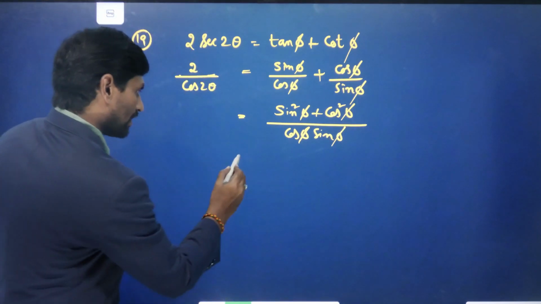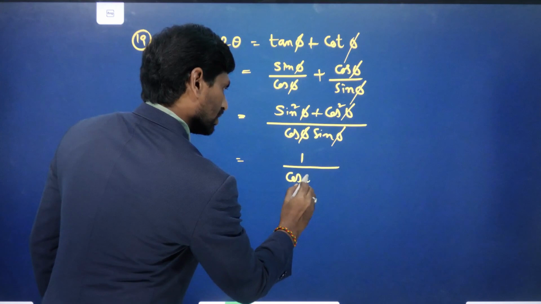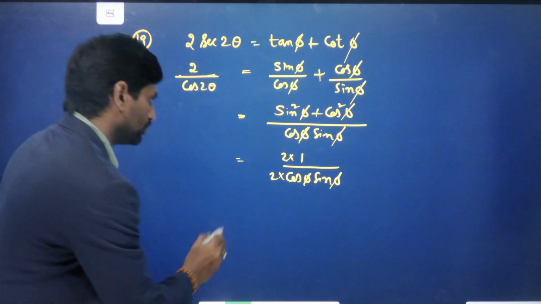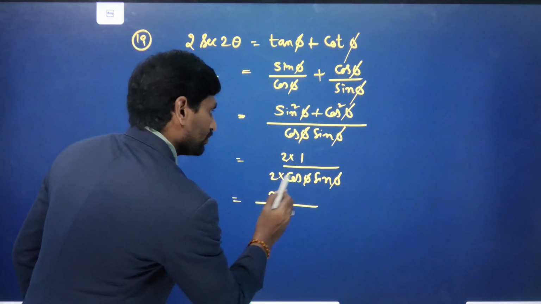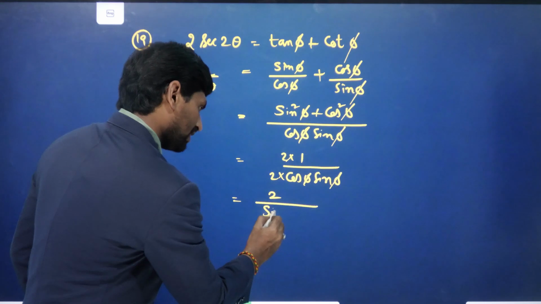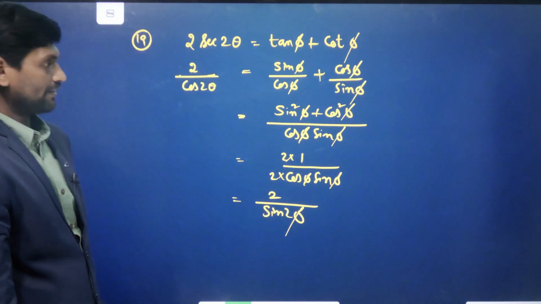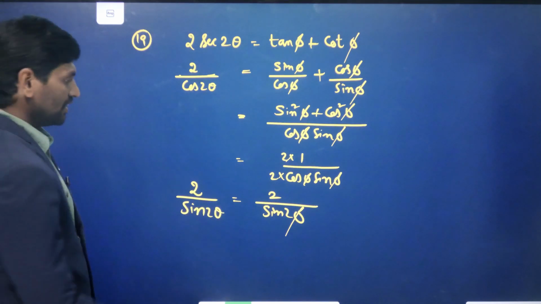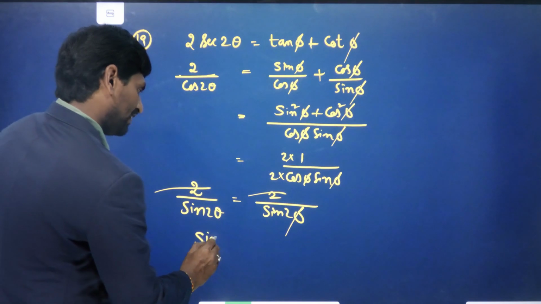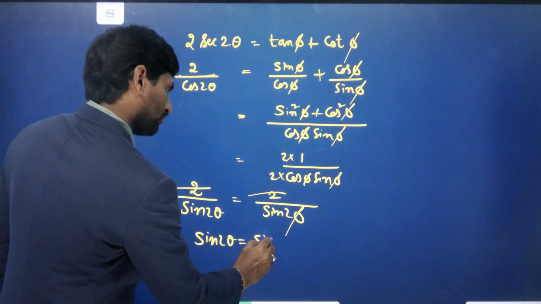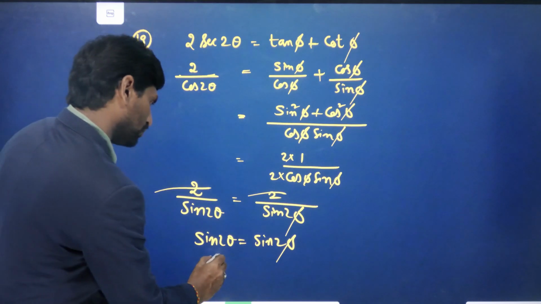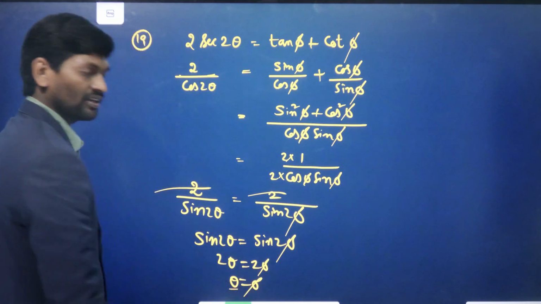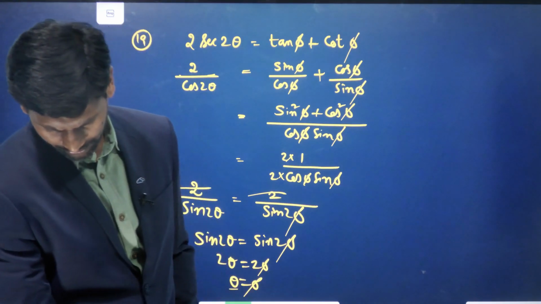The numerator value becomes 1. Denominator is cos phi into sin phi. I am just multiplying numerator and denominator with 2. It will be 2 by 2 sin phi cos phi, which is nothing but sin 2 phi. Left hand side we have 2 by cos 2 theta. So both sides numerator cancel. Cos 2 theta is equal to sin 2 phi.